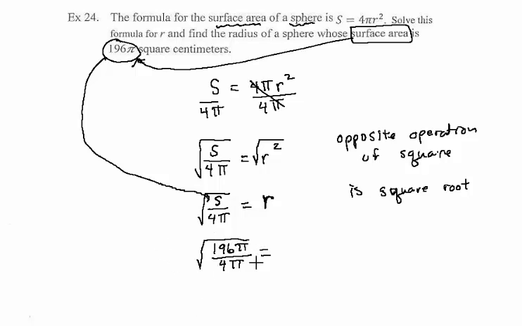Now, like I said, on the inside, we would just say pi divided by pi, those cancel out. And so we'd be left with 196 over 4. And we can divide these two numbers inside the radical. 196 divided by 4 would be a 49. Now, luckily we ended up with a perfect square. The square root of 49 gives us a 7. And this is what our radius works out to be.